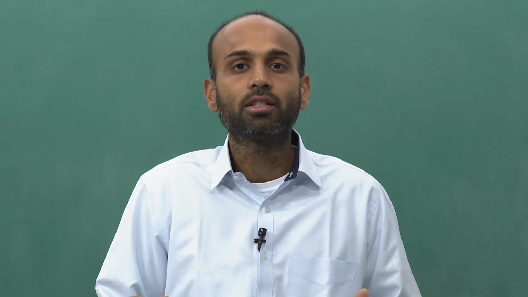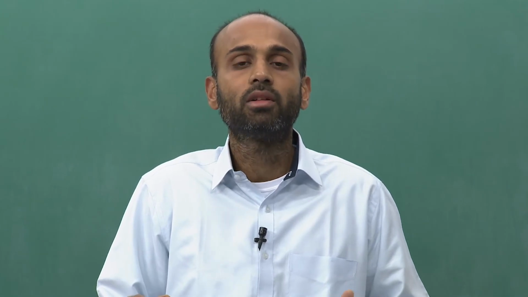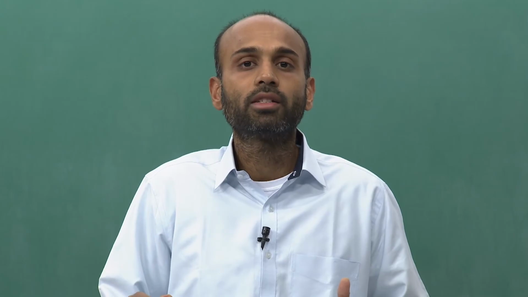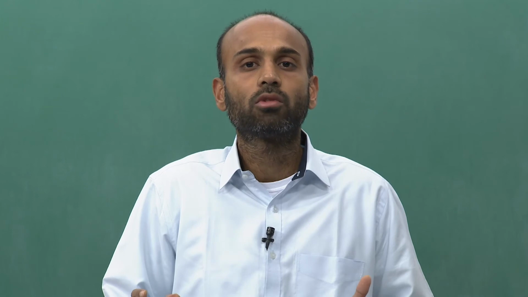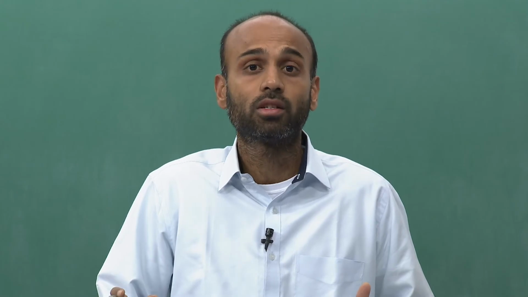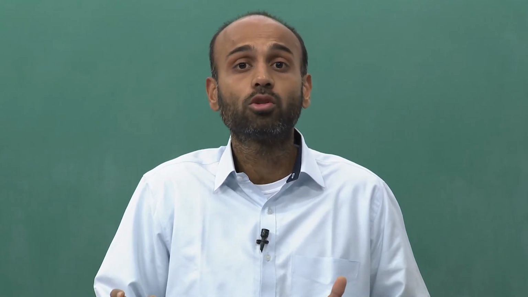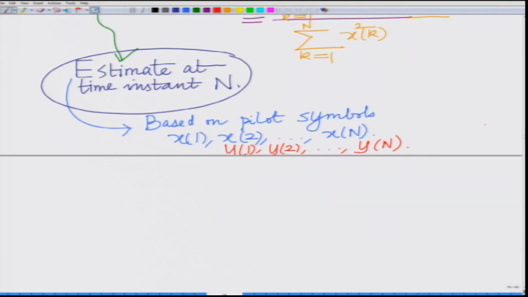Hence, naturally there is not one estimate, but an estimate for each time instant, and this estimate h hat at time instant capital N, denoted by h hat of n, is computed from the transmitted pilot symbols small x1, small x2 up to small xn, and of course the corresponding received pilot output observations, small y1, small y2, small yn.